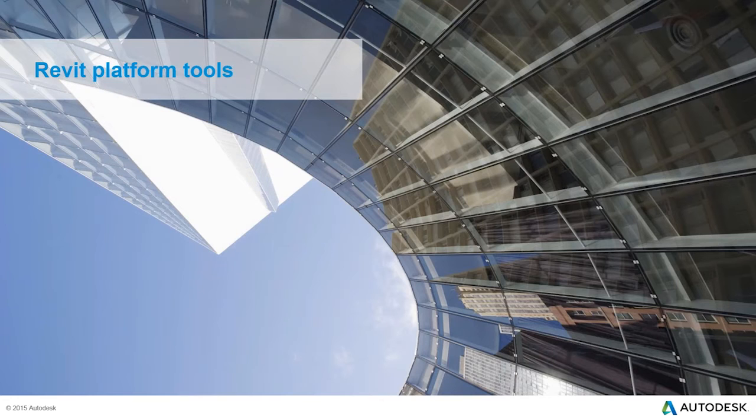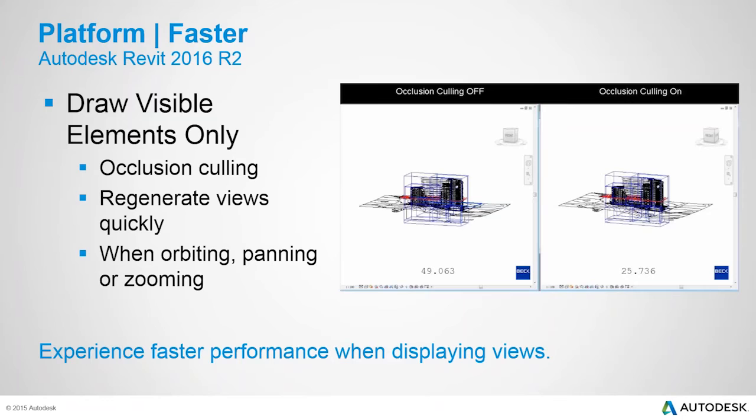Okay, let's start with the new features, functionality and enhancements for architects, as well as Revit overall platform tools for architects, MEP and structural engineers alike. Now, to help improve productivity, Release 2 will now only draw elements that are visible. Sounds obvious, but very often when we're panning and zooming around, Revit's often thinking about things that may be switched off.